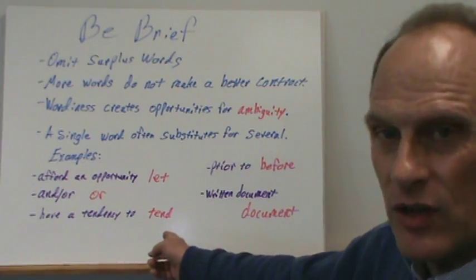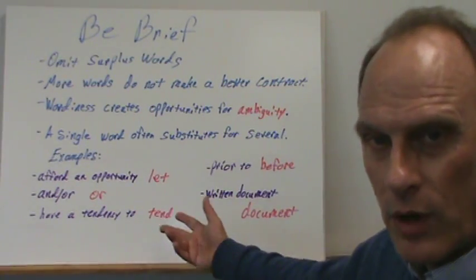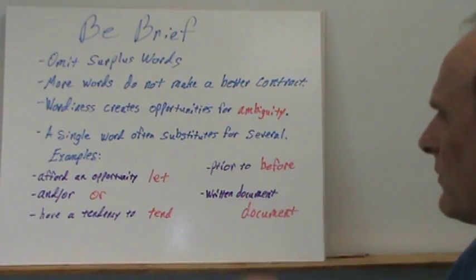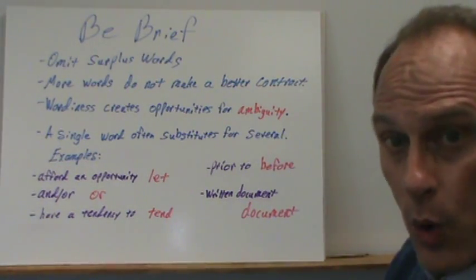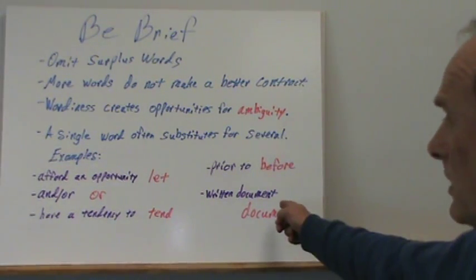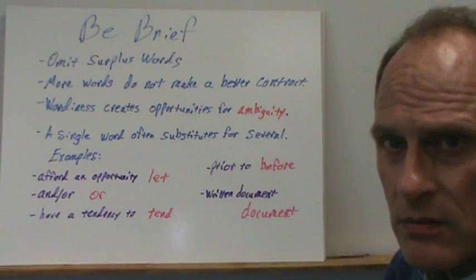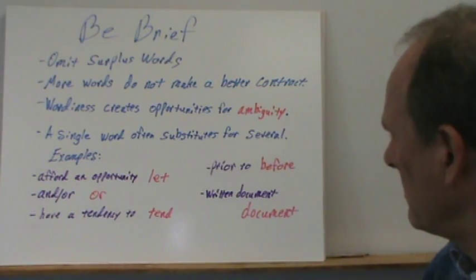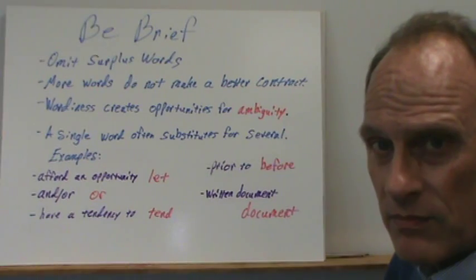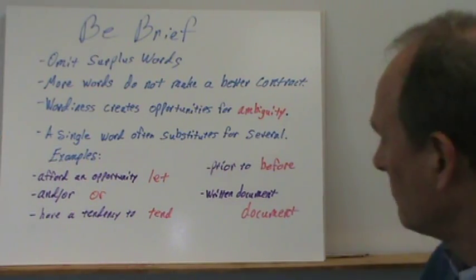Have a tendency to. Well, why not the word tend? Or instead of saying prior to, why don't we just say before? Or a written document. What about document? I'm not sure I've ever seen an unwritten document.